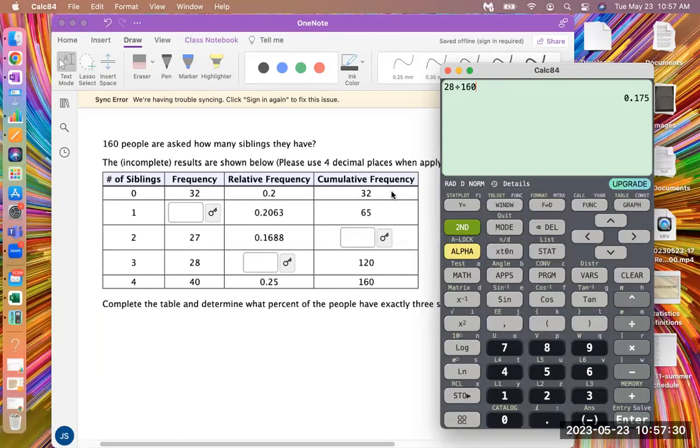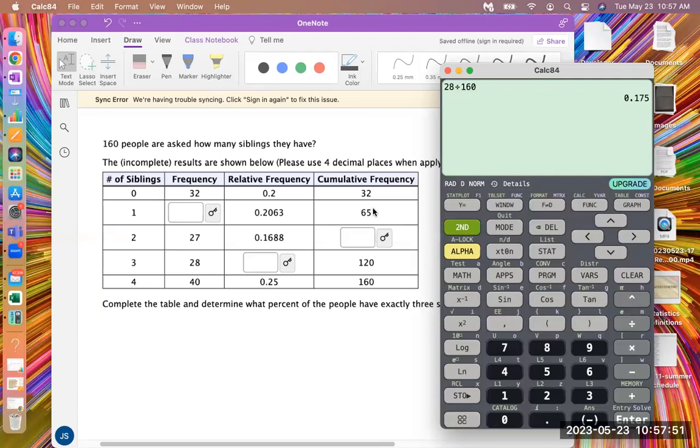This one is the cumulative frequency of 2 siblings. It asks the same question as how many people answered 2 or fewer.